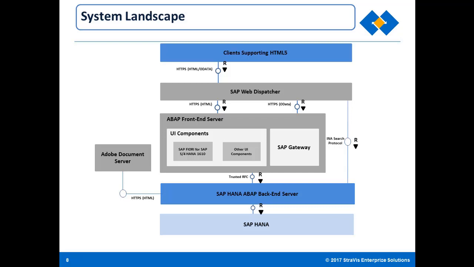And then indeed this would be connected to your web dispatcher, as you would be going live on public, and you would require the web dispatcher to act as a reverse proxy, which would also pass your HTTPS and HTML requests or your OData services from your web dispatcher. That's about the system landscape.